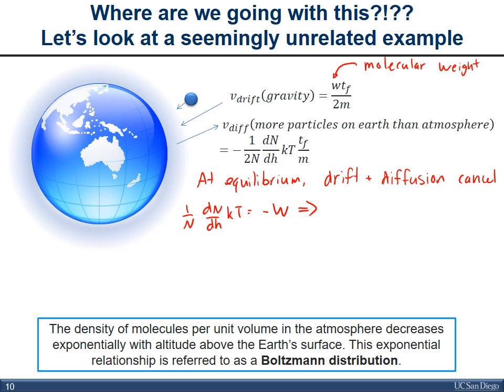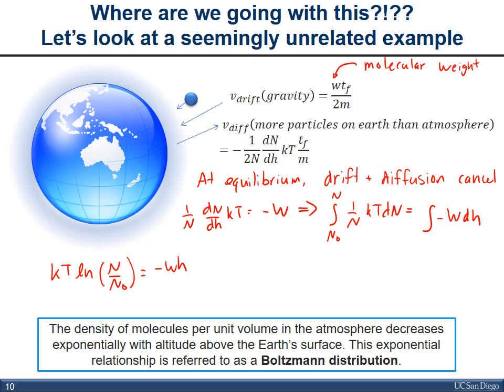So we get an integral from n0 to n, where n0 is just a reference point, of 1 over n kT dn, which is equal to the integral of minus W dh. So we're integrating essentially from some density at a reference height to the height that we're interested in. And we get kT natural log of n over n0 is equal to minus Wh.